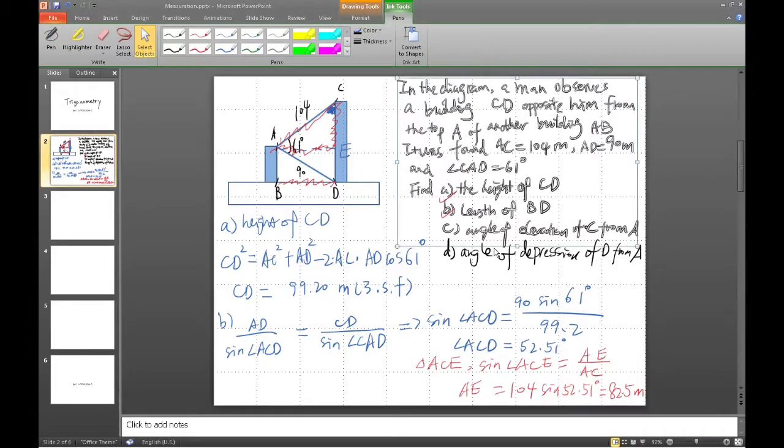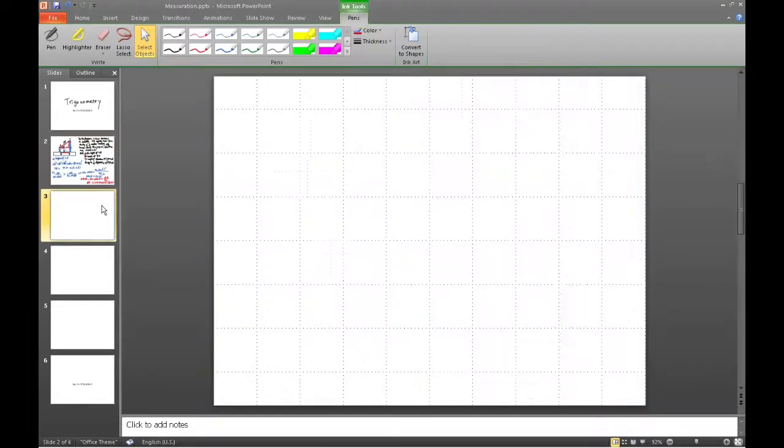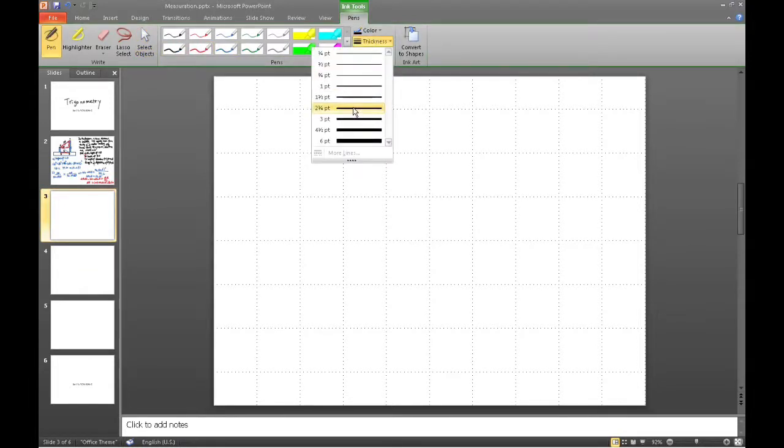Okay, now let's take a look at question C, angle of elevation of C from A. Okay, let me copy and paste the question over.